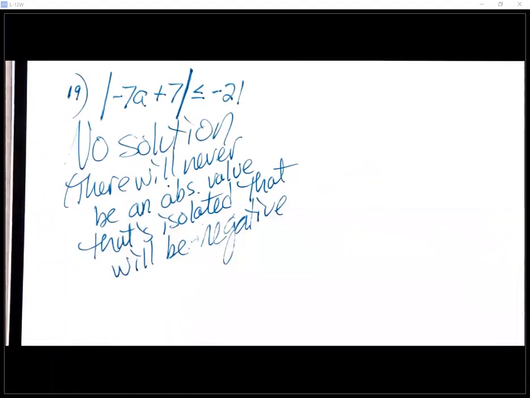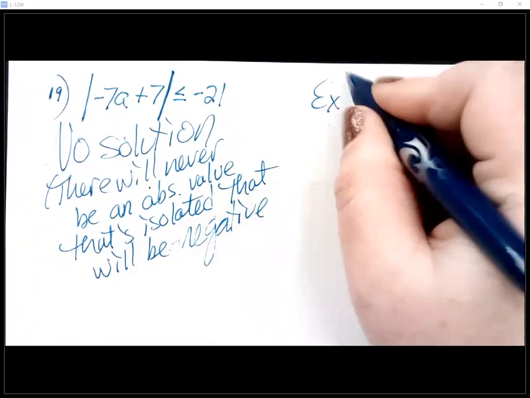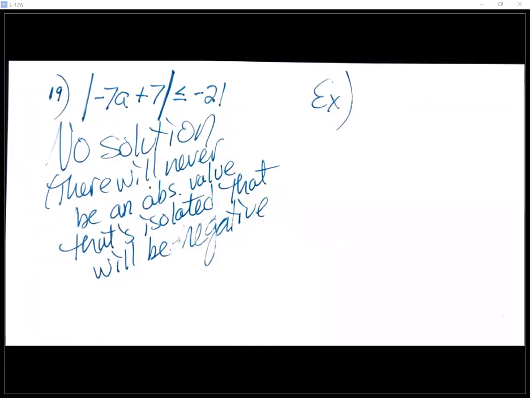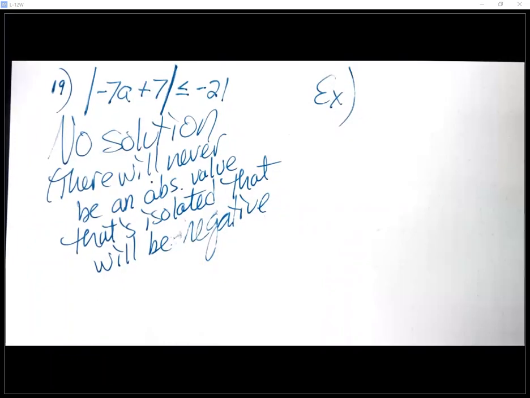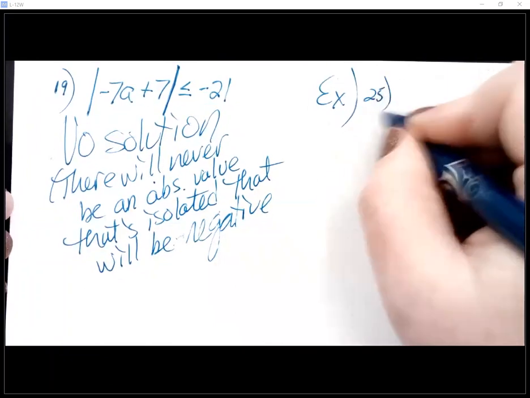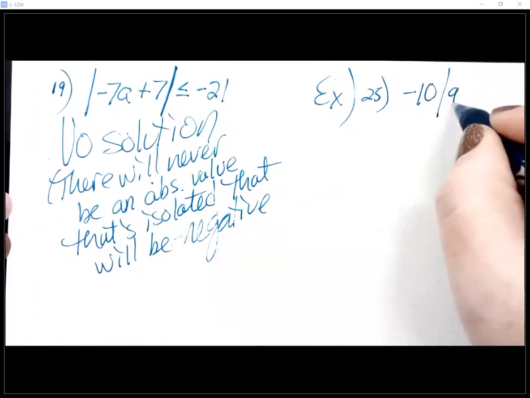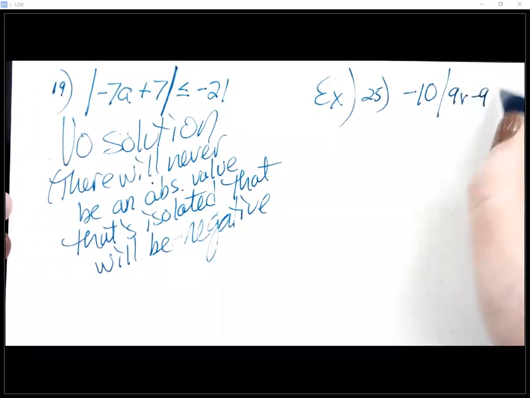Okay, so let's just pretend. Do I see one question like this real quick? Yeah, actually, number 25 is going to be interesting. You've got -10 absolute value of 9b minus 9 less than or equal to 90.